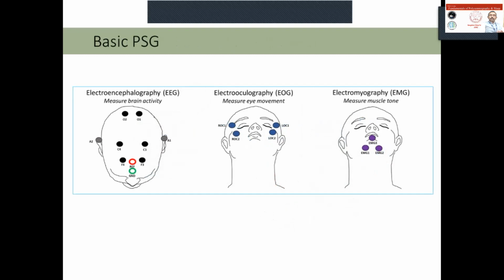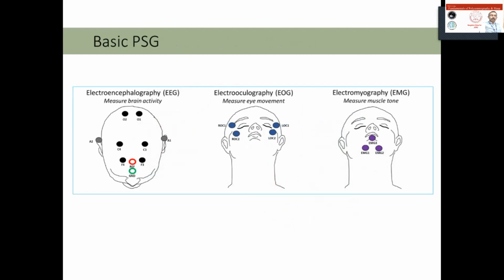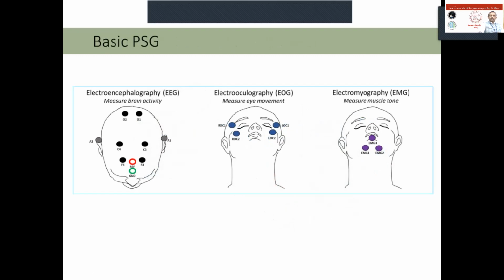Okay, now I mentioned at the beginning that polysomnography is a measurement of many physiological parameters, but not all of these are required for identifying sleep stage. If you want to identify sleep stage, and that is your primary aim, the basic polysomnography setup should consist of at least 3 physiological measurements.